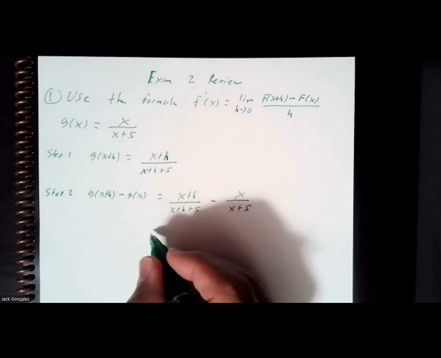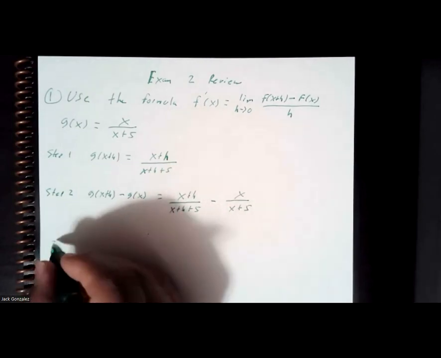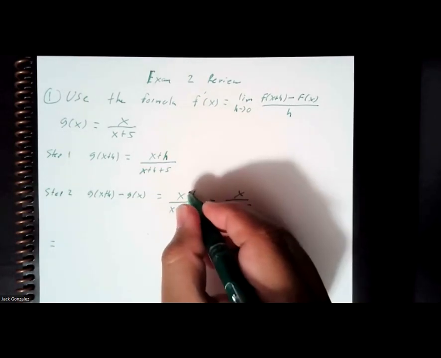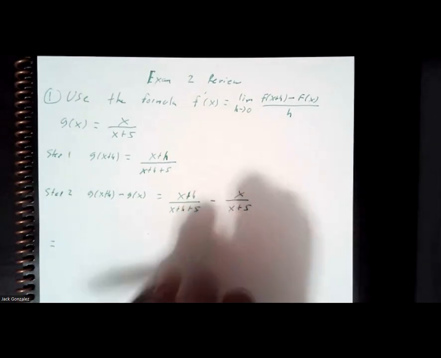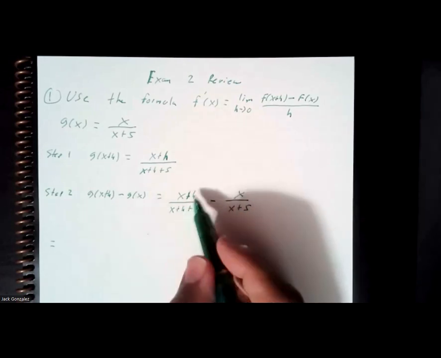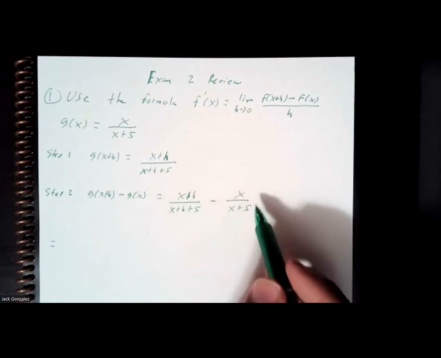This will require you to do LCD stuff. Do it over here. LCD will be just these two are prime, so just multiply them together. So this will need an x plus 5. This will need x plus h plus 5.